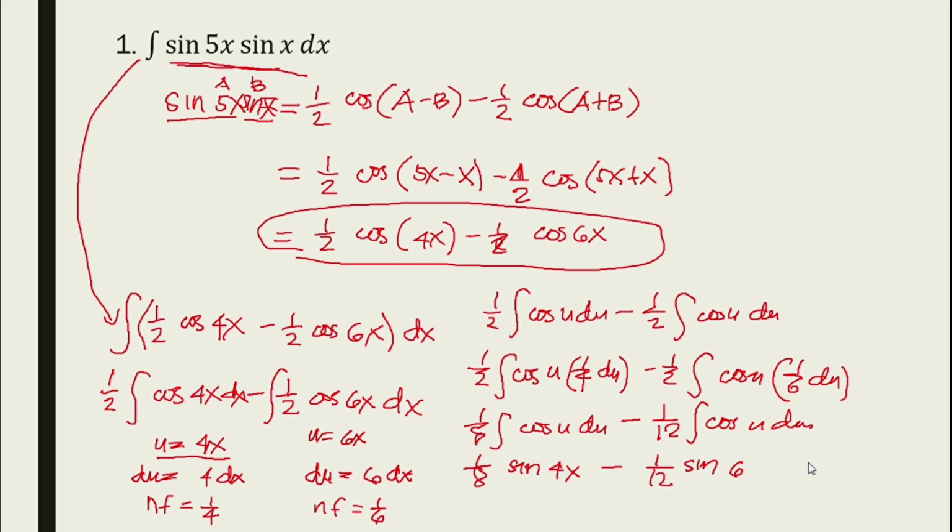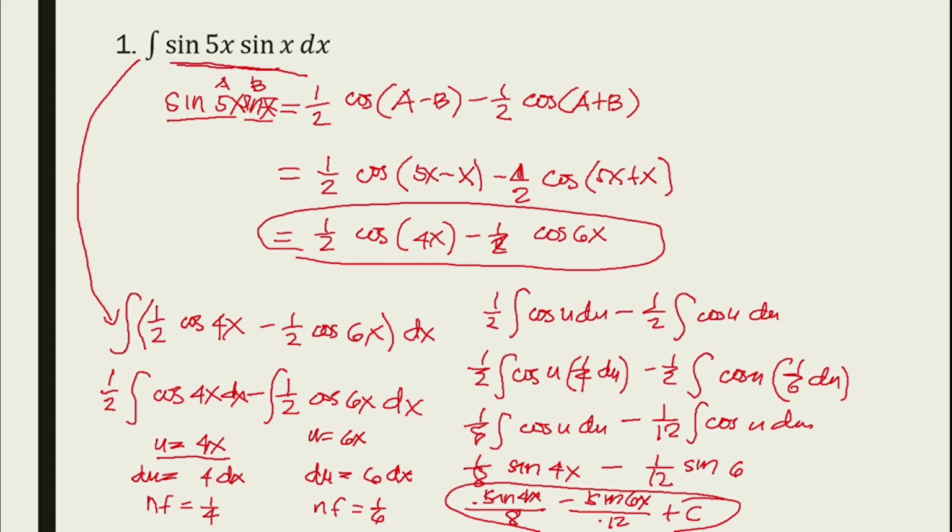So the final answer is sin 4x over 8 minus sin 6x over 12 plus c.